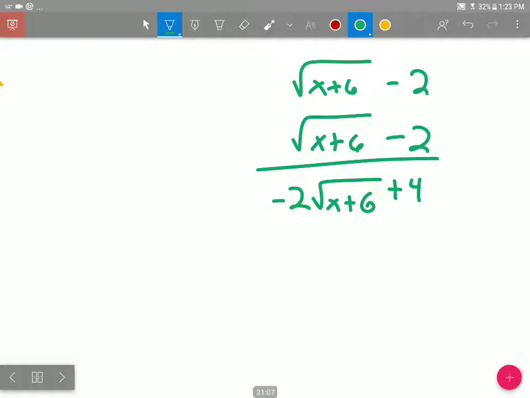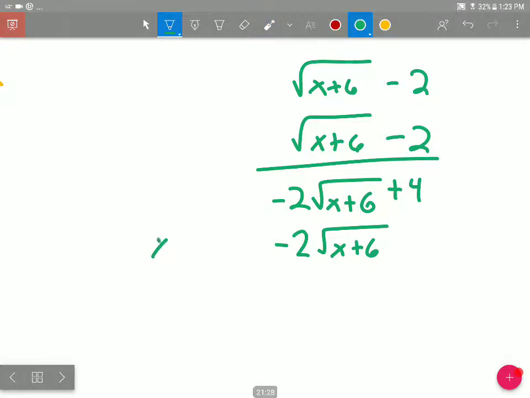All right, then move over to the radical. What is the radical times negative 2? Well, good. It's negative 2 times the big fat radical. Last but not least, what is the radical times itself? Well, if you multiply a square root times itself, it is simply x plus 6.